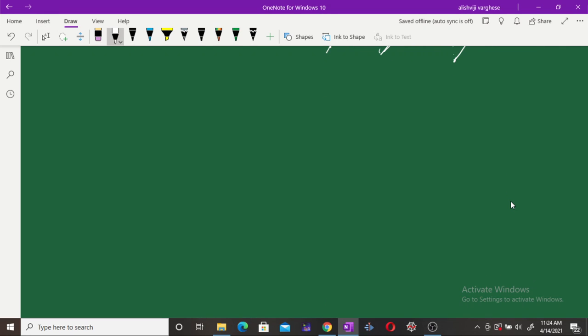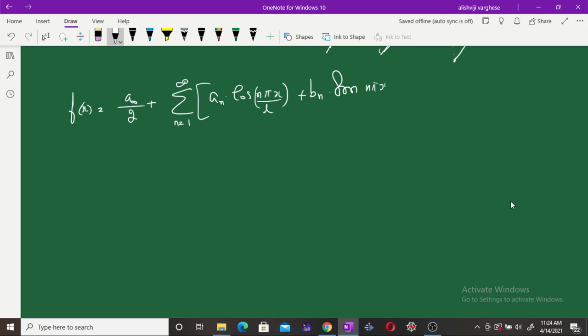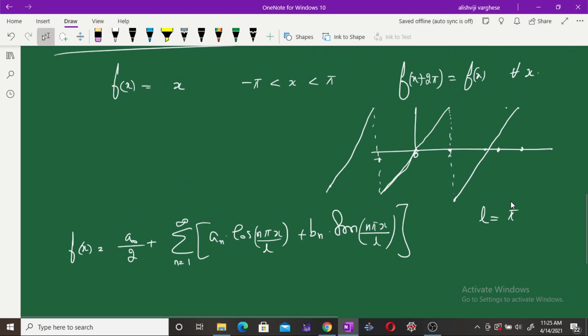So the function is represented as a Fourier series as f of x is equal to a naught by 2 plus summation n varies from 1 to infinity a n cos n pi x by L plus b n sin n pi x by L, and in this particular case L is equal to pi because it's a periodic function with period 2 pi.